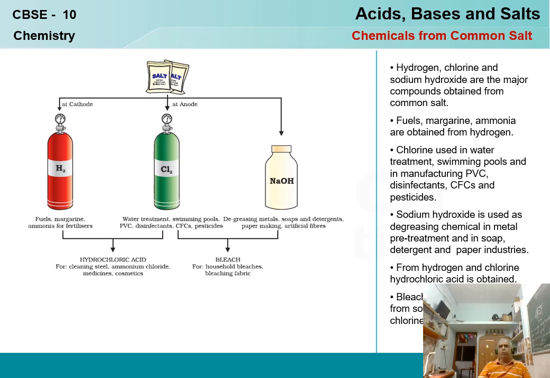From hydrogen and chlorine, the most essential mineral acid, that is hydrochloric acid, is obtained. Bleaching powder is obtained from calcium hydroxide and chlorine. You know the application of bleaching powder: it kills the germs.